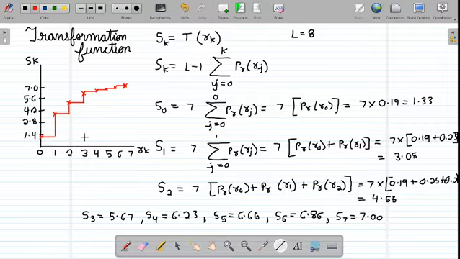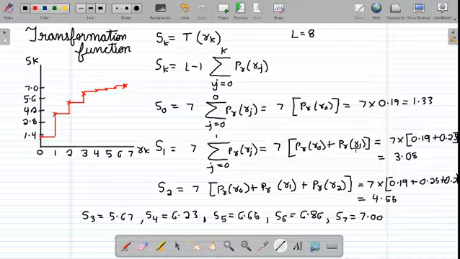Here, if you closely observe, the values of S0 to S6 are fractional: 1.33, 3.08, 4.55, 5.67, 6.23, 6.65, 6.86. The value cannot be a fractional value, so we need to round off these values.